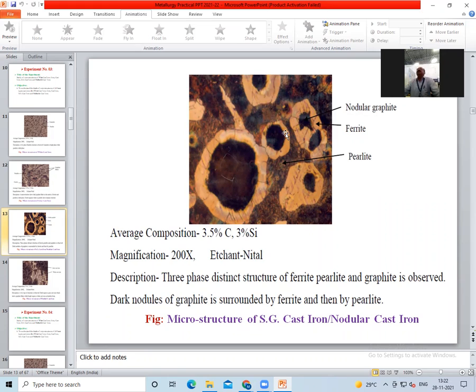S stands for spheroidal. If circular shape of the graphite is there, then it is called SG cast iron. SG means spheroidal graphite cast iron. G for graphite. So here is the graphite structure in circular shape, in ferrite and pearlite.